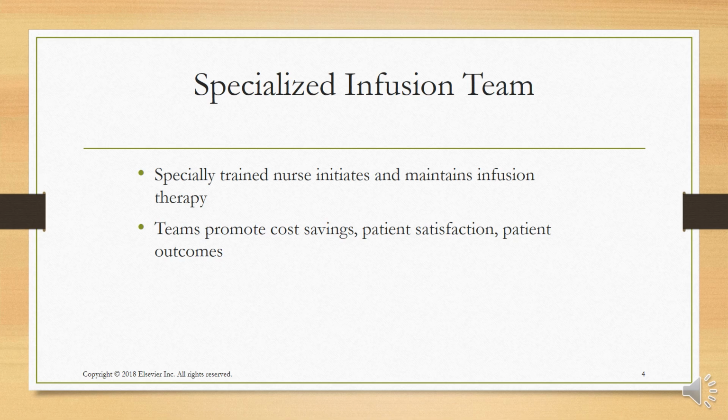They're going to monitor patient outcomes of the infusion therapy. They're going to be responsible for educating the staff, the patients, and the families about infusion therapy. And they're also there for consult. If there's a need for a certain product and the doctor's trying to choose between product A and product B, the infusion specialist can help with that.